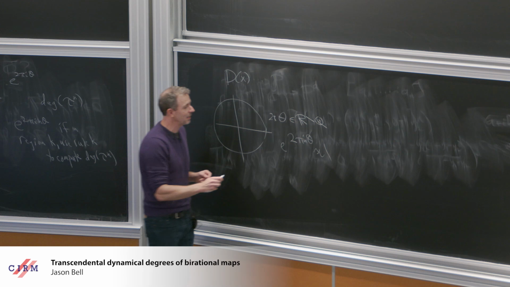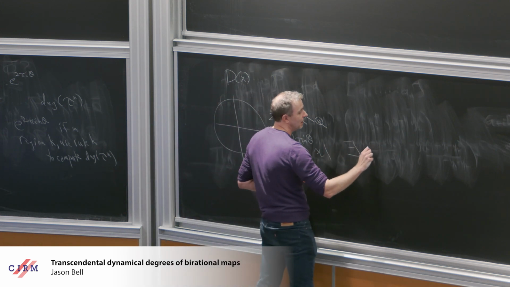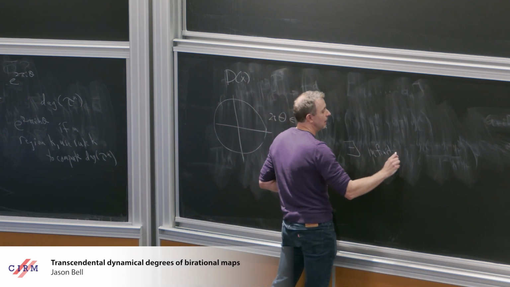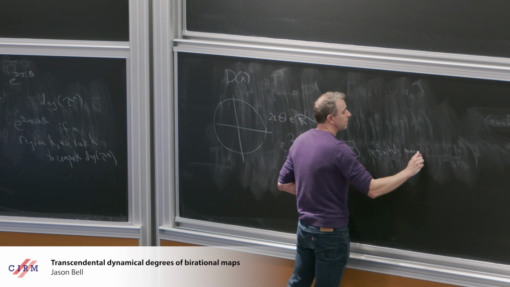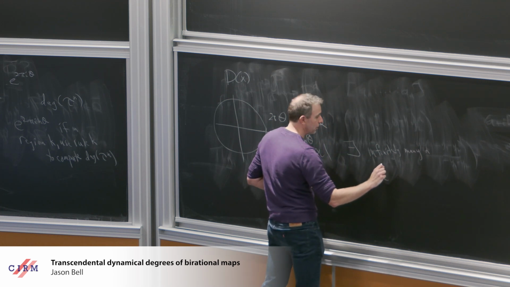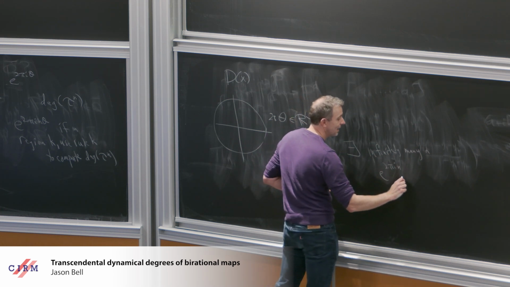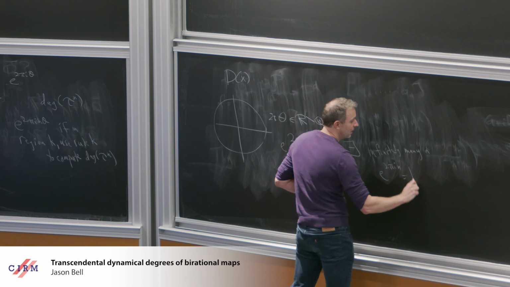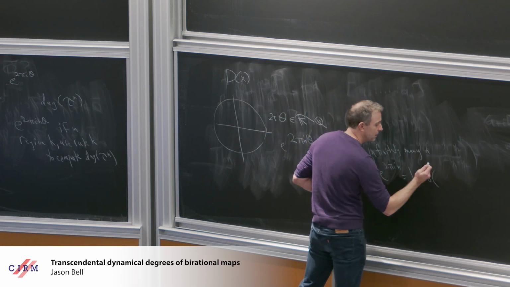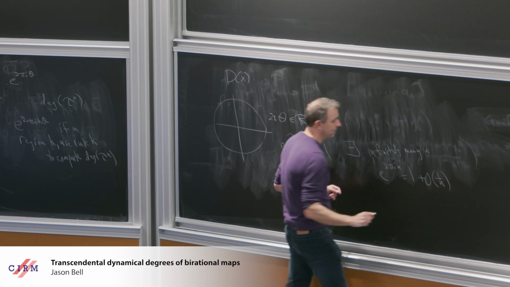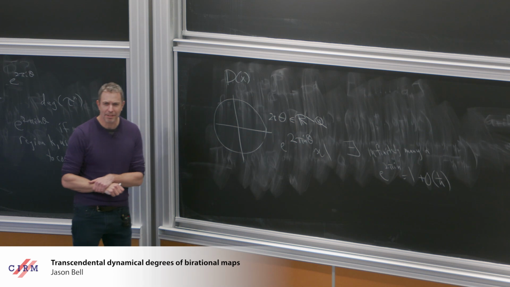So there exist n such that e to the 2 pi i n theta is 1 plus something small. So I can get things very close.